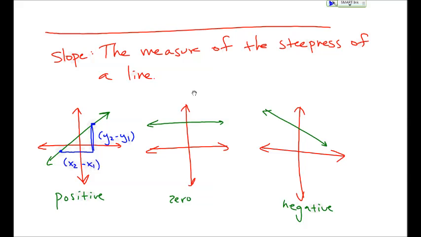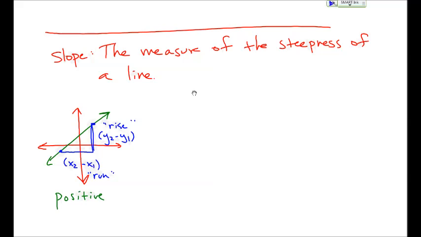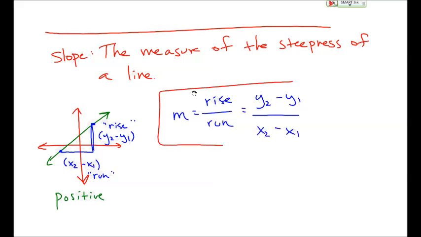Now, sometimes we call this the rise, and this is sometimes called the run, meaning rise is a vertical change and run is a horizontal change. Now, the formula that's most commonly used for slope is that the slope is equal to the rise over the run, or y2 minus y1 divided by x2 minus x1. So this is what we use to find the slope of a line.